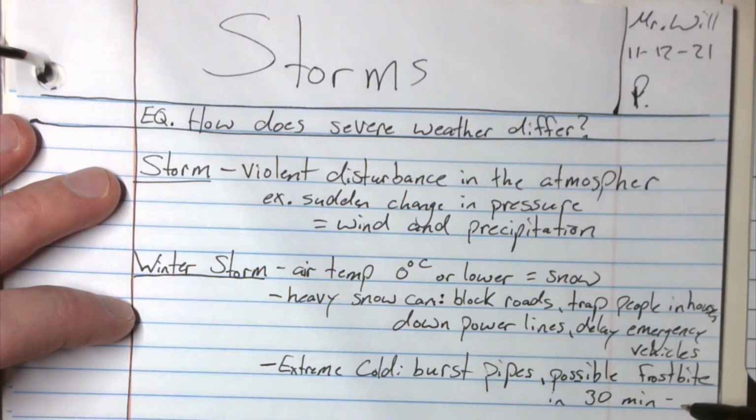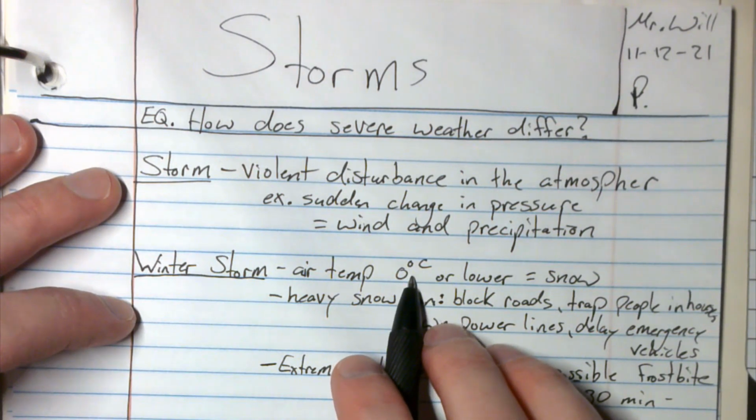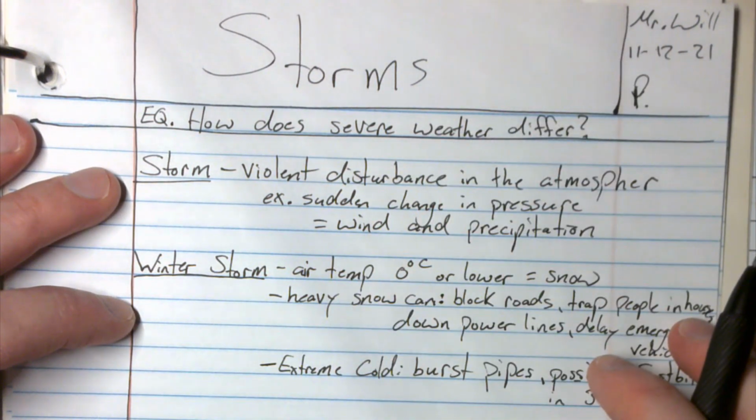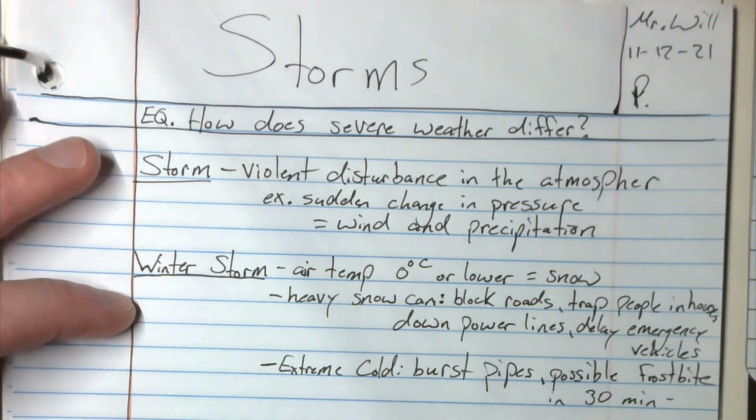If it's obviously colder than freezing, like 20 or 30 below, like sometimes it gets, that time can go way down to even 5 or 6 minutes of any exposed skin, and that can get frostbite. So it's something we need to be very careful about.